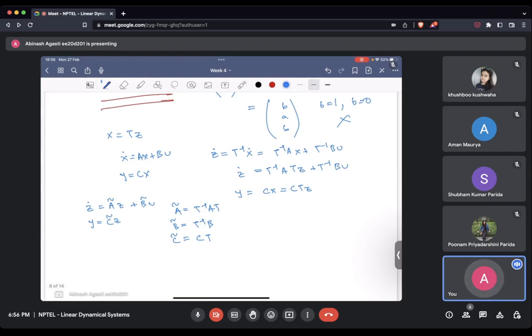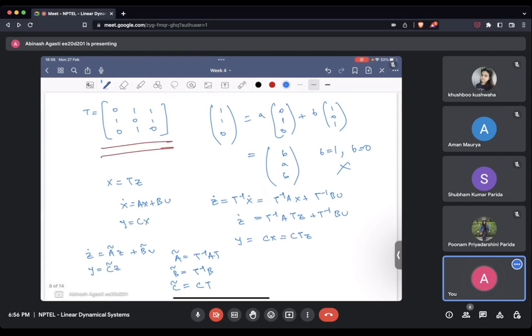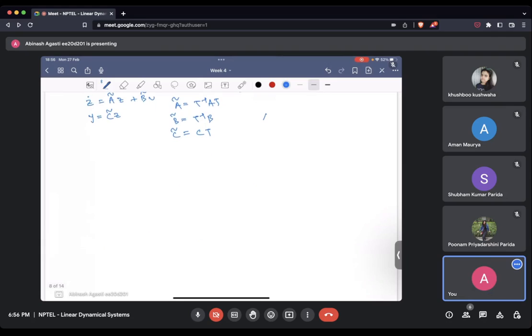Now, what controllable decomposition says is, if we took a T like what we have taken, that U and V, where U forms the basis for the controllability matrix image, and V is just to make the matrix non-singular, then this A tilde will be of this form: AC A12 0 AU, and B tilde will be BC 0, right?